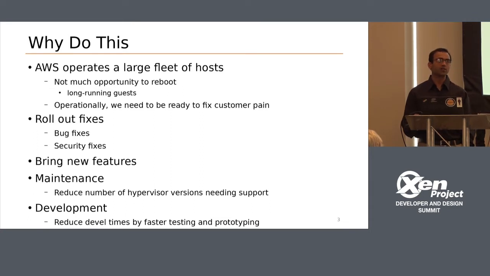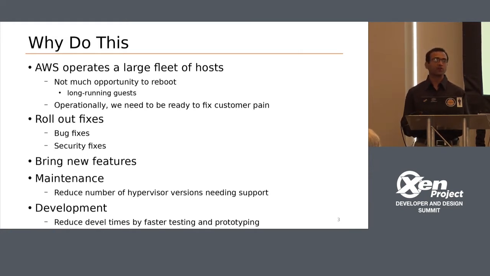Operationally, we also need to be ready to patch the running hypervisor for emergent bug fixes, security events, maintenance events, and so on. Essentially handling issues that may cause customer pain. So rolling out bug fixes and security fixes is standard operation, and that's one of the main focus areas.